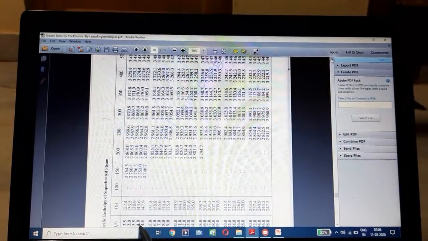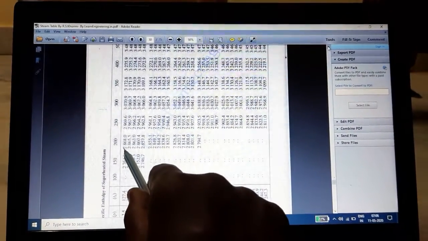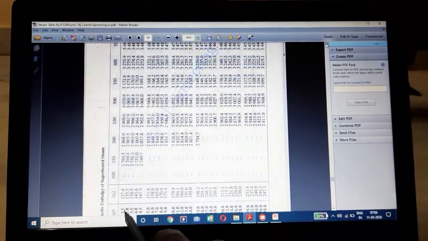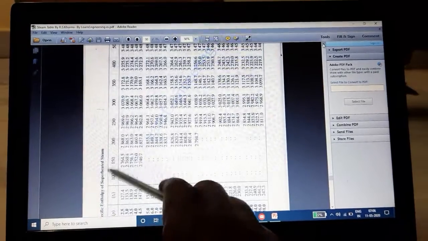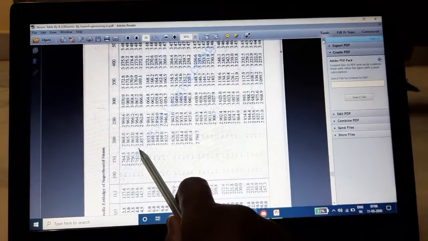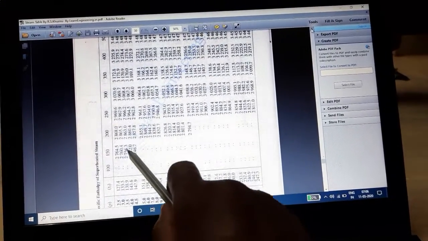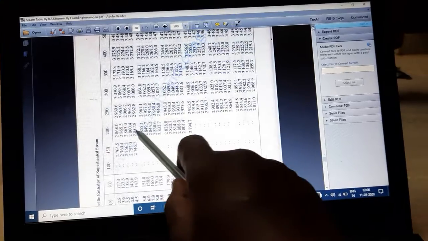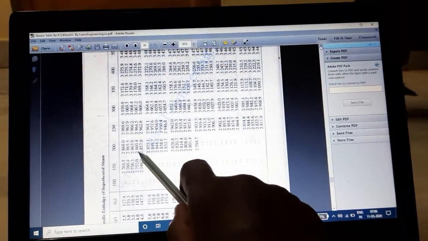At 4 bar pressure and 200 degrees Celsius, from 200 degrees Celsius 1, 2, 3, the fourth one. So at 4 bar pressure and 200 degrees Celsius, H1 is 2860.4.